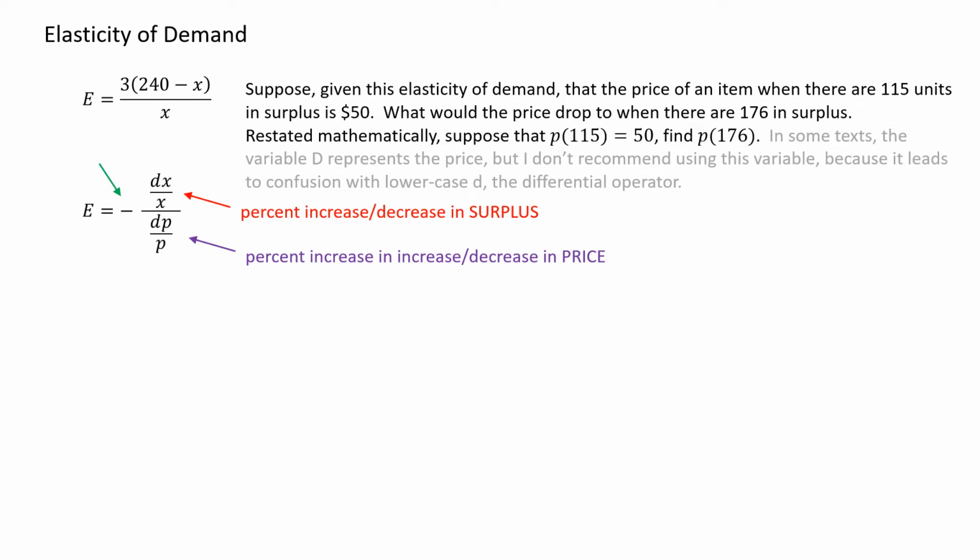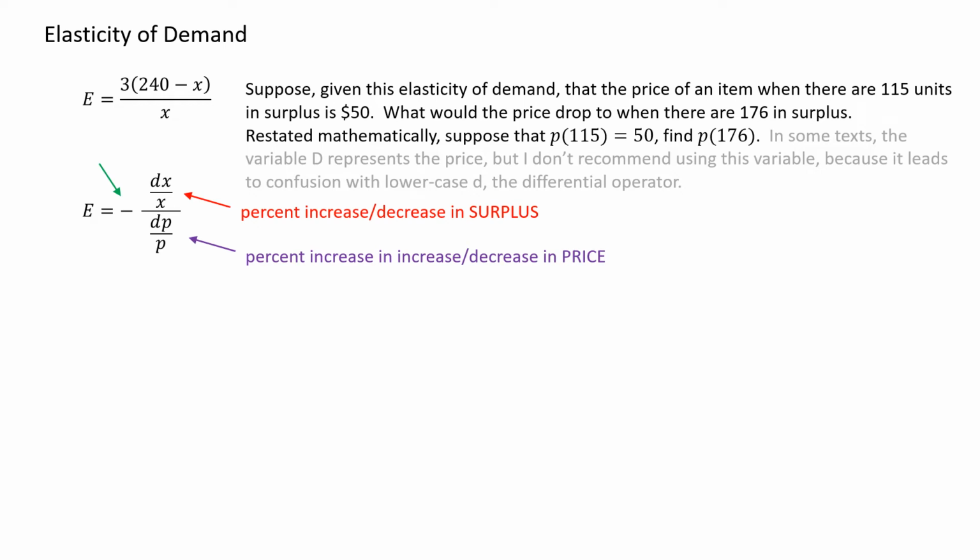That would correspond to the numerator in red being positive and the denominator, the differential there, being a negative number. Or reversely, a decrease in surplus, meaning a negative numerator, would lead to an increase in price, meaning a positive denominator here. And so the idea is that the numerator and denominator differentials are almost always opposite signs.